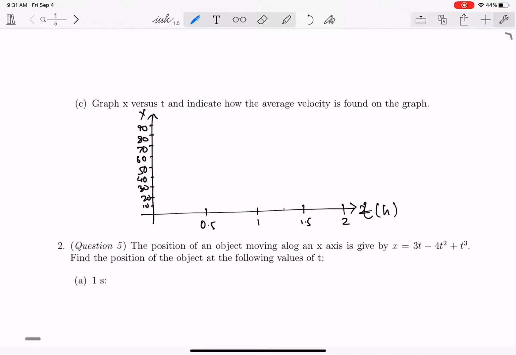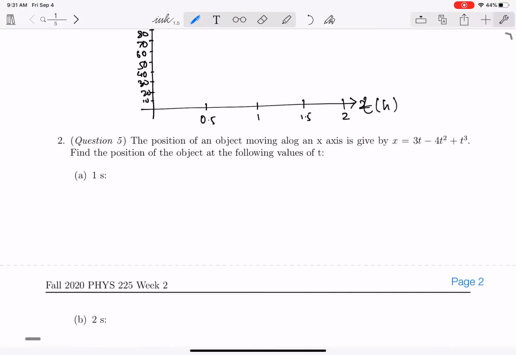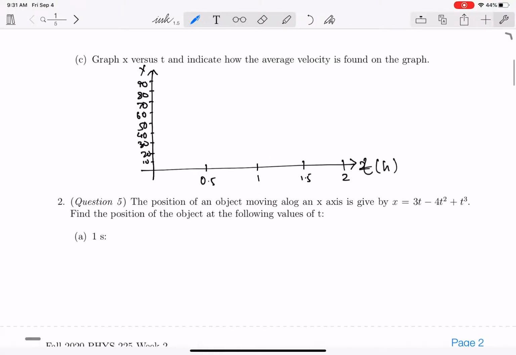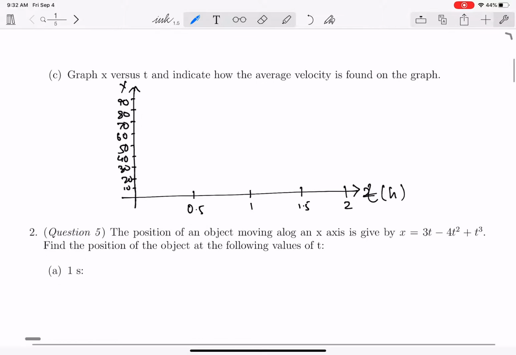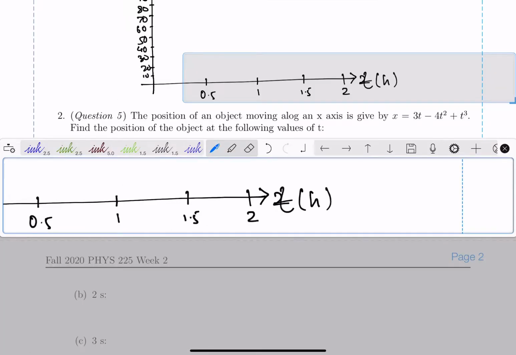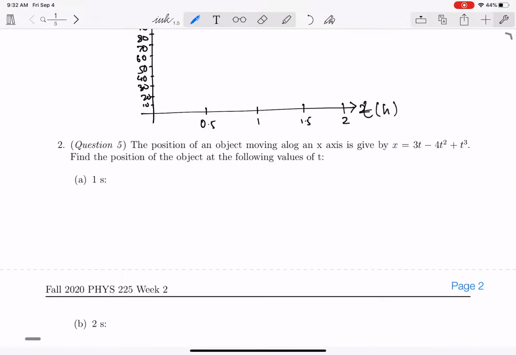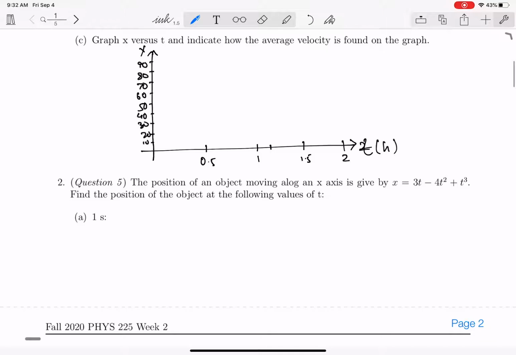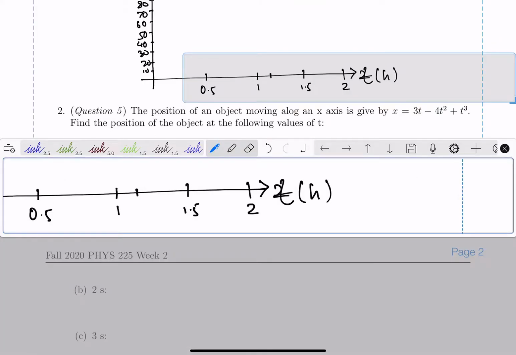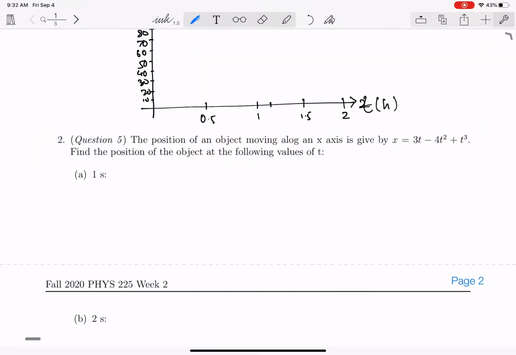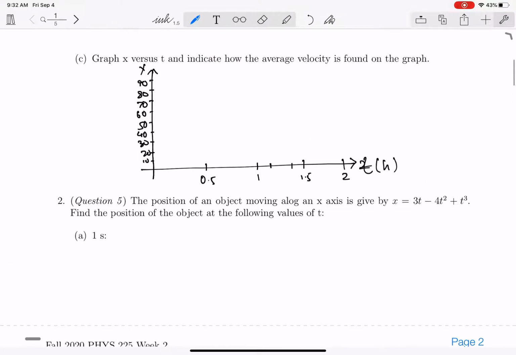So at 1.33 hours, it travels 40, so 40 would be about here.